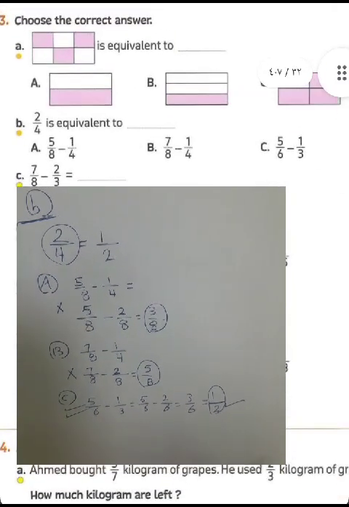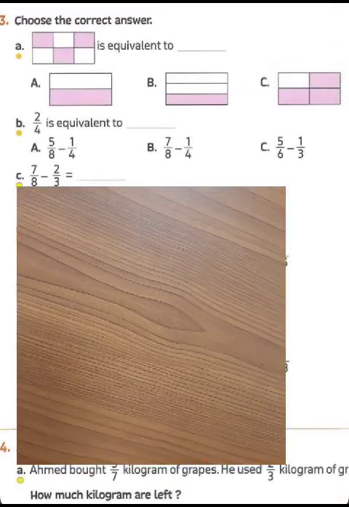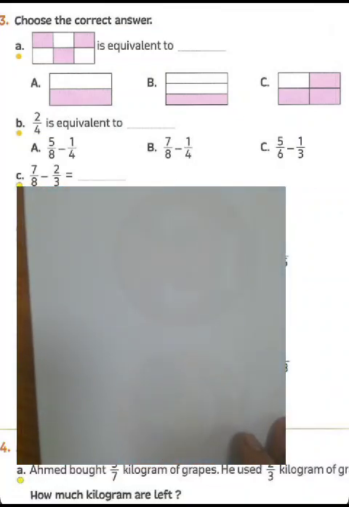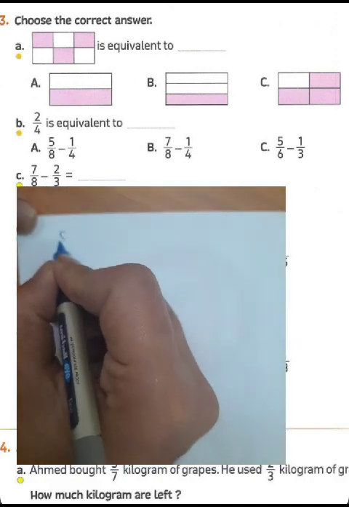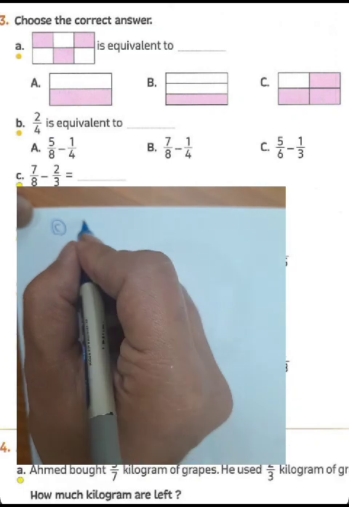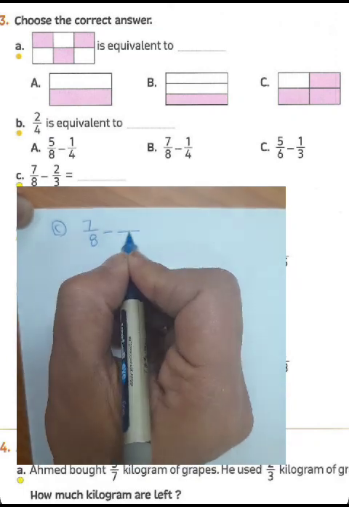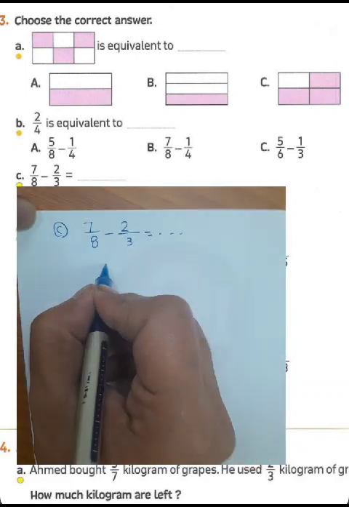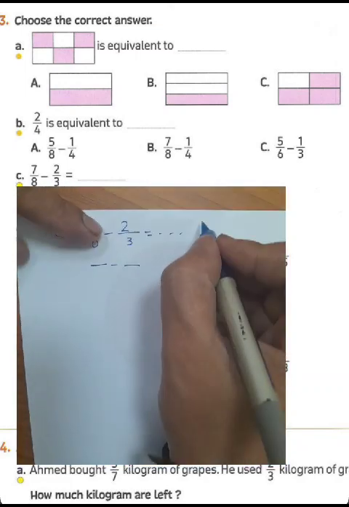Next question, letter C. We want to find the difference between two fractions. We have 7 over 8 subtracted by 2 over 3. We write the least common multiple between them.